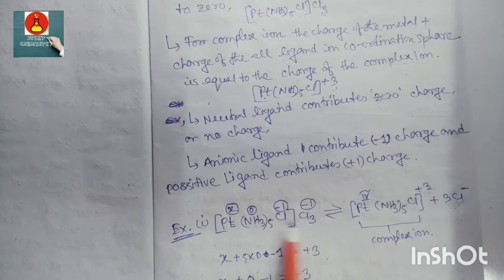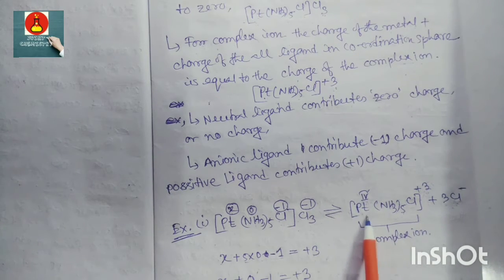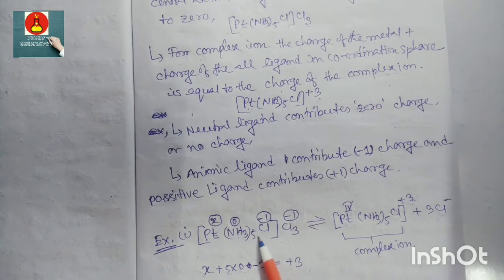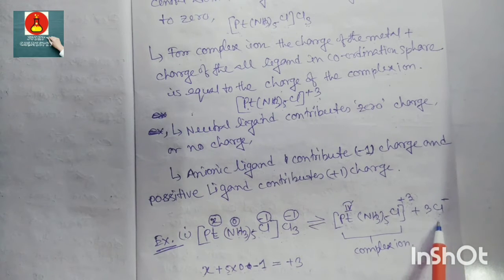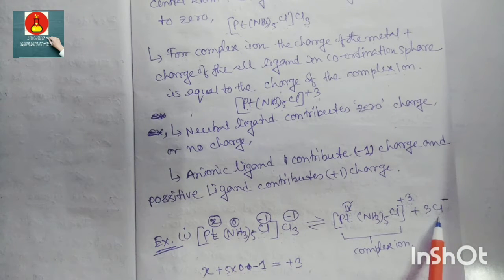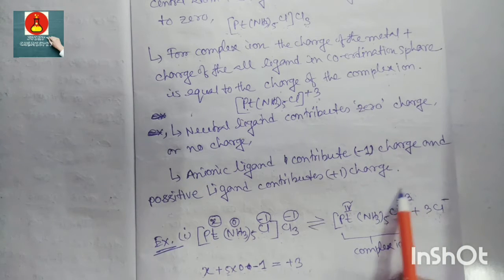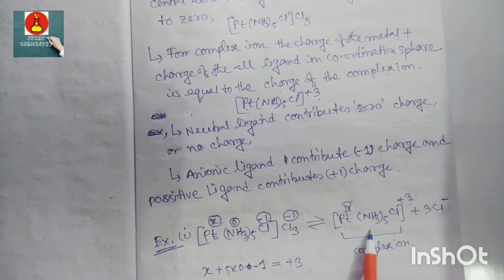Now in a polar solvent, what will happen? In the polar solvent, they will break, and this complex will produce 3 chloride ions, Cl minus, and the complex ion will have a 3 positive charge, right? So this is the way it will break. Now this is a complex ion.